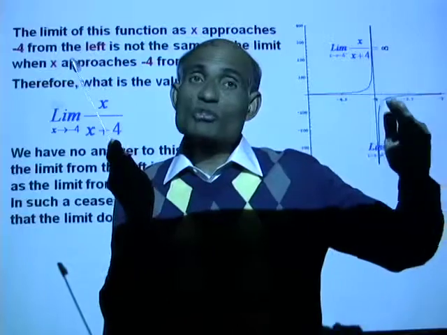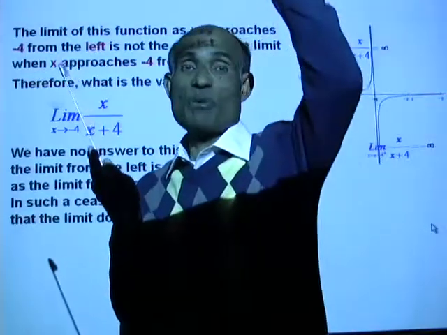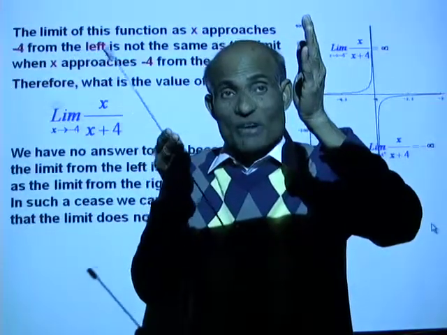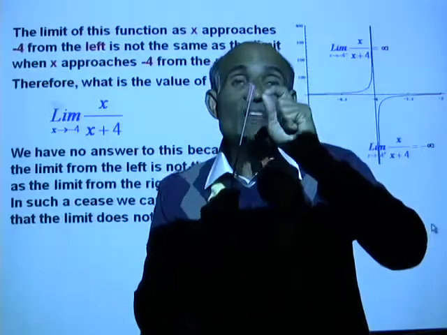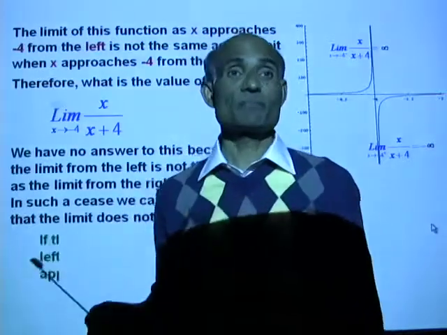As x gets closer and closer to the c value from the left, the function goes to positive infinity. And as it gets closer and closer to the c value from the right, it goes to negative infinity. That means at that c value, the limiting value does not exist.